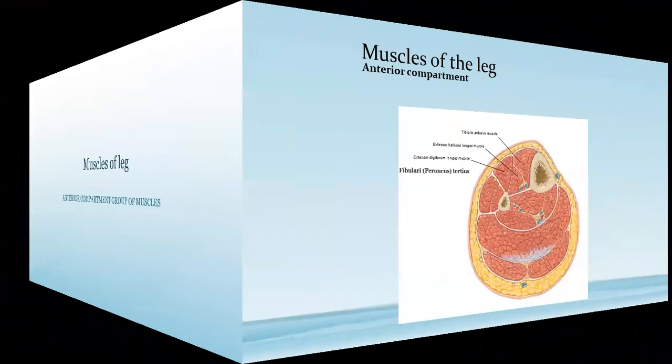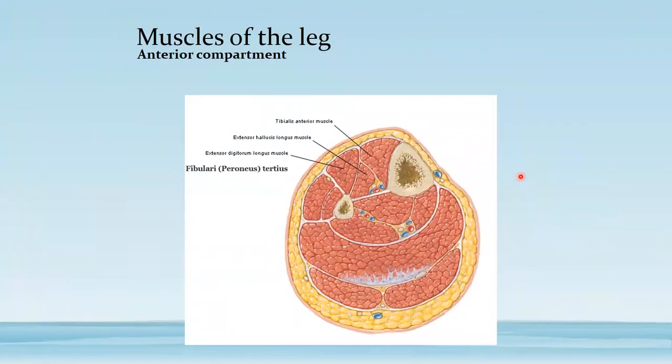So we go to the anterior compartment of the leg first. It consists of these four muscles. The muscles visible in this cross section are the tibialis anterior, extensor hallucis longus, and extensor digitorum longus. What is hallucis? Hallucis is your big toe. The digitorum is the small toes.